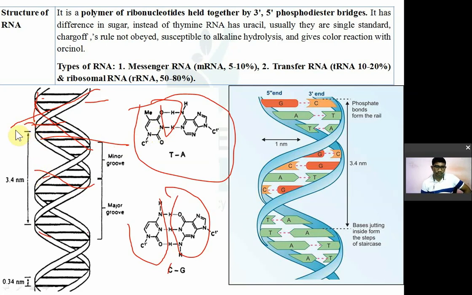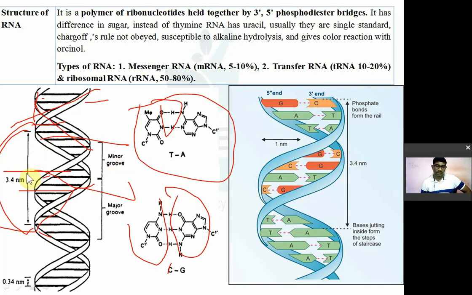Now, this part is known as a helix. Each helical turn of DNA will take 34 angstrom, or 3.4 nanometer. So each helix of DNA will occupy 34 angstrom of space. In each helix there are 10 base pairs.